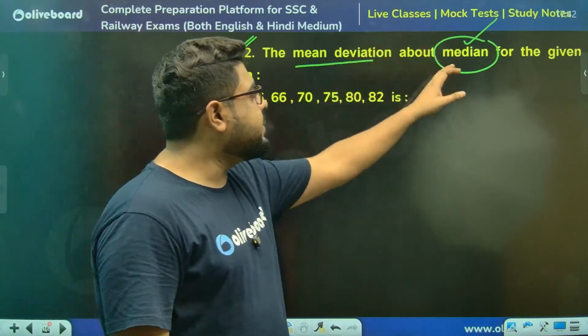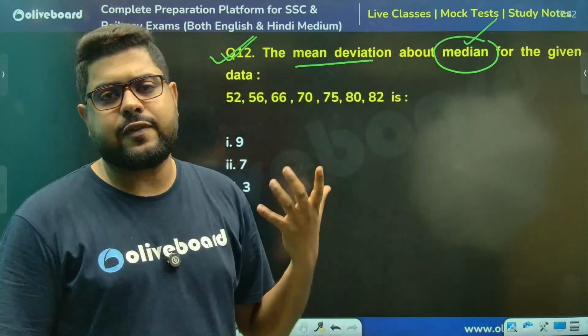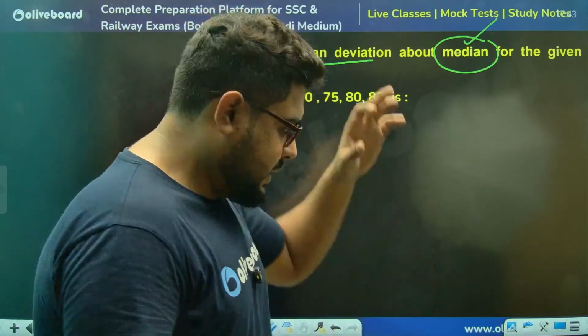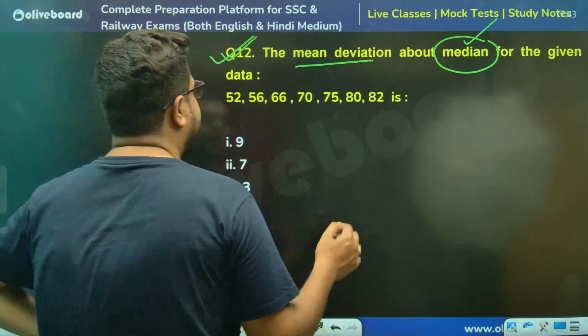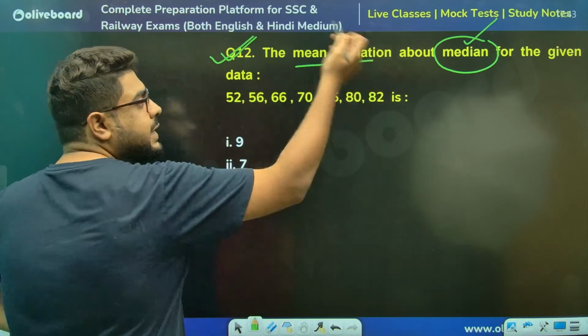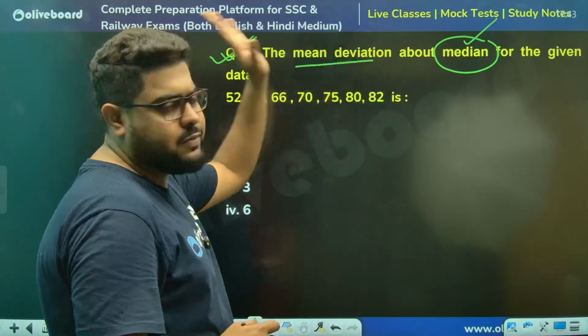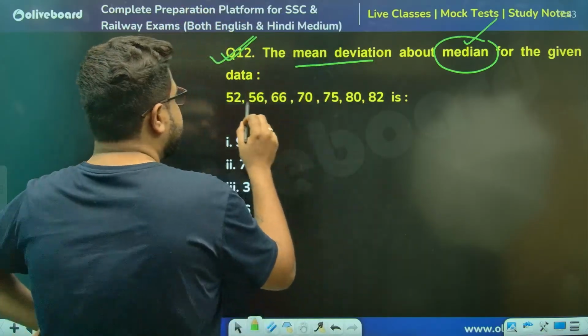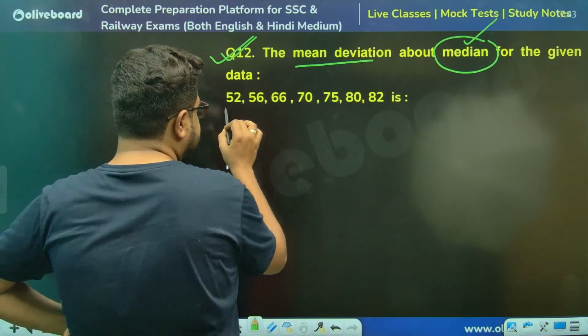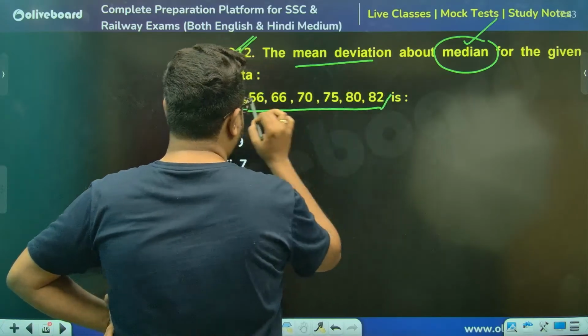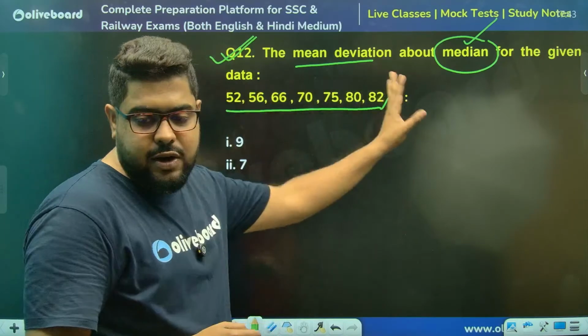Here it is about the median, so I'll take it from the median. It is not very difficult or something alien. First of all, what is the median for this question? Is it already arranged? The answer is yes, it is already arranged in ascending order.